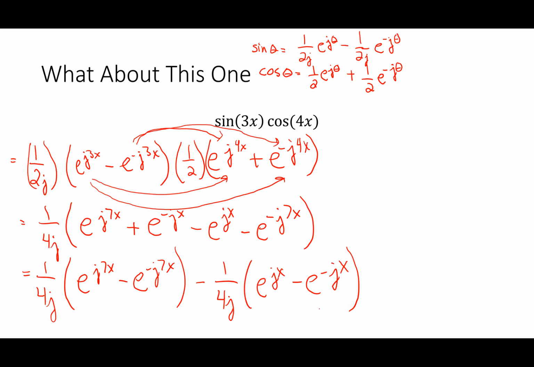I grouped them that way on purpose, because one's for the sine and one's for the cosine. If I do some pattern matching, this looks like 1 over 4j times e to the j theta minus e to the minus j theta. What do I turn that into? Sine of theta. Yep, and I have to be careful. That's actually 1/2 sine theta.